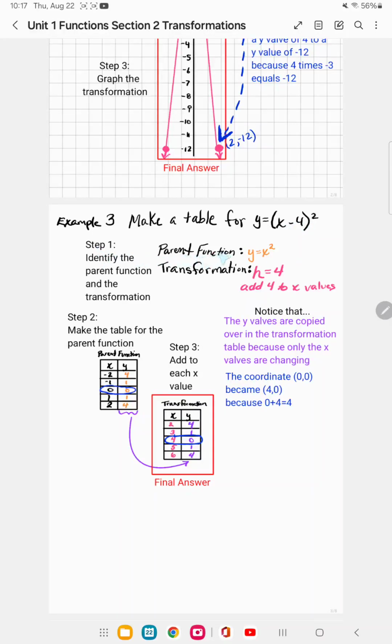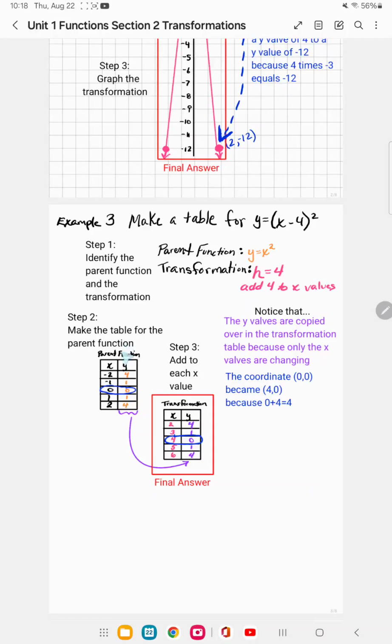So to identify the parent function, we're still working with y equals x squared because there's a squared on top of my variable. Okay, and then my transformation is h equals 4 because it's the opposite. I see minus, so I know it's positive. That tells me to add 4 to my x values.